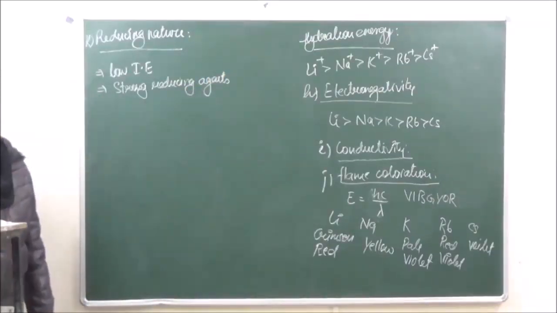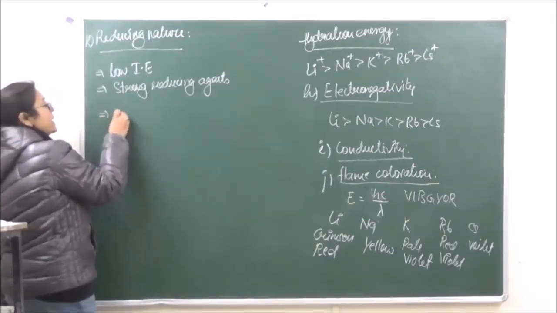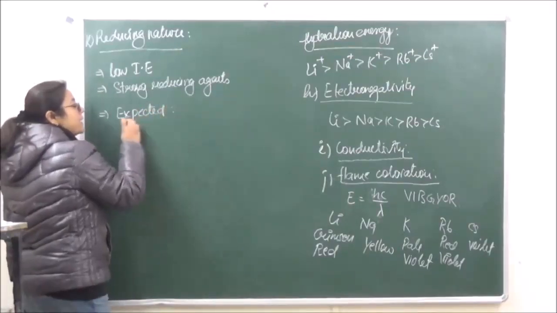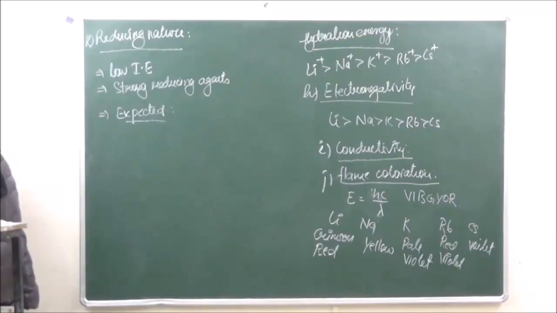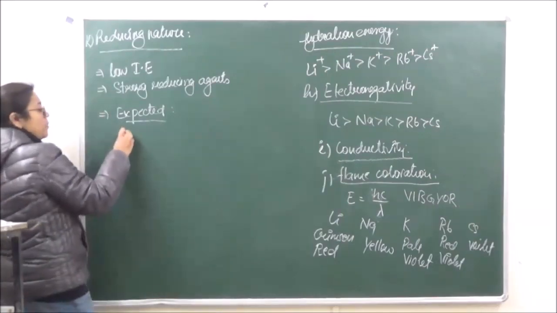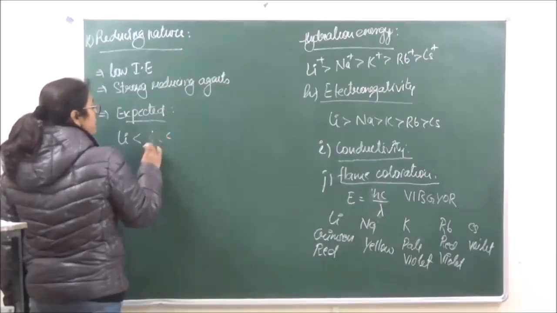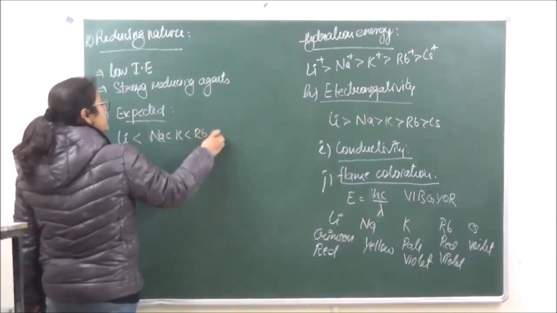All of them are going to behave as strong reducing agents. If we are looking at the expected order depending upon the ionization energy, lower the ionization energy, better is the reducing character. So expected, depending upon the ionization energy, lithium should be first, then sodium, then potassium, then rubidium, then cesium.